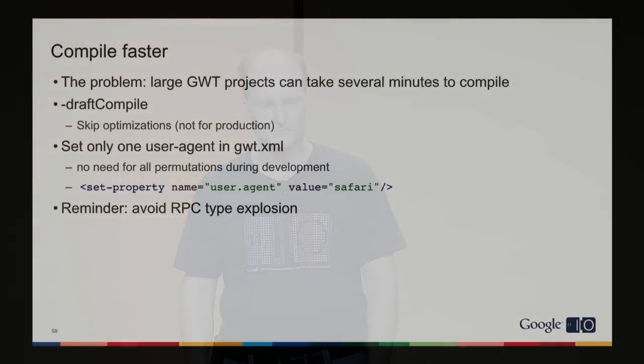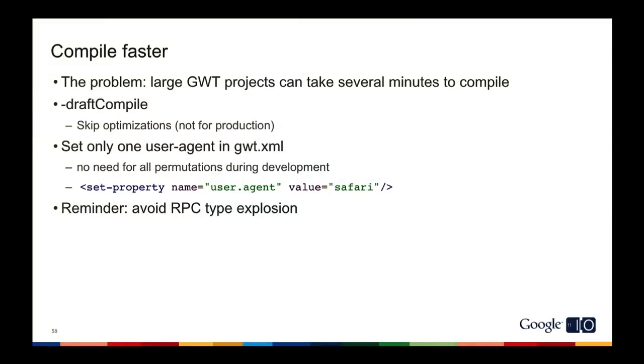So one technique, prior to your final production compile, is just to set a single user agent property in your GWT XML, so you're only compiling one browser permutation, the one that you normally develop with. And as your project gets larger, you'll appreciate the benefit of this more. You can also do the same thing with locale, because permutations get multiplied together.